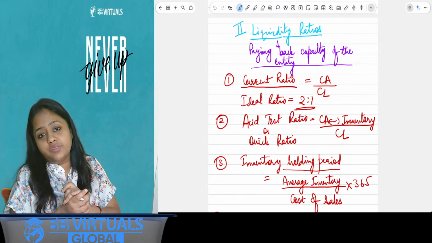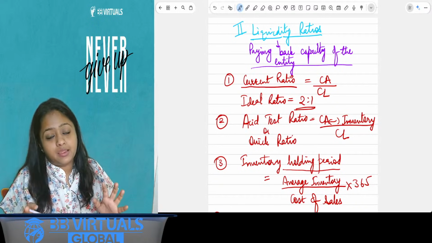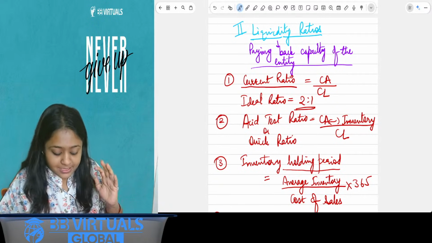What is the capacity of the entity? How much funds does it have to pay back? The cash flow position of the entity, simply speaking.